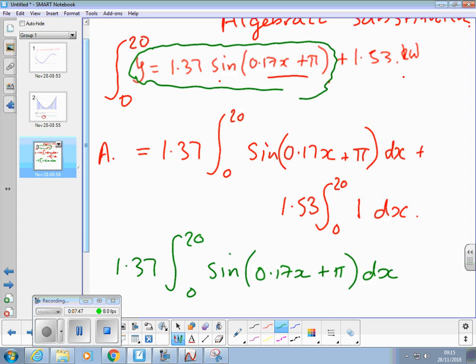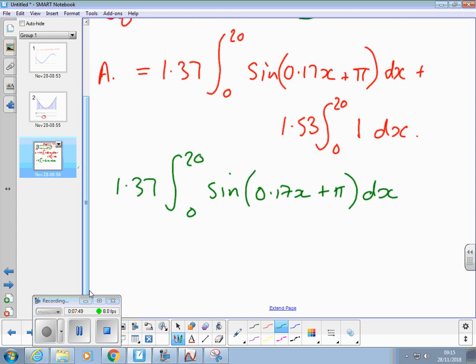We can easily solve the other bit at the end. What we do is say let u equal the bit in the brackets. Okay?